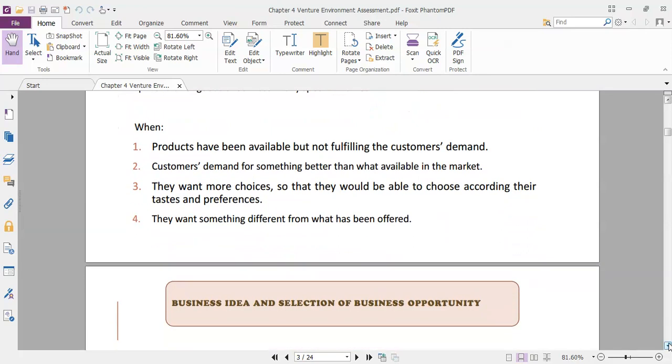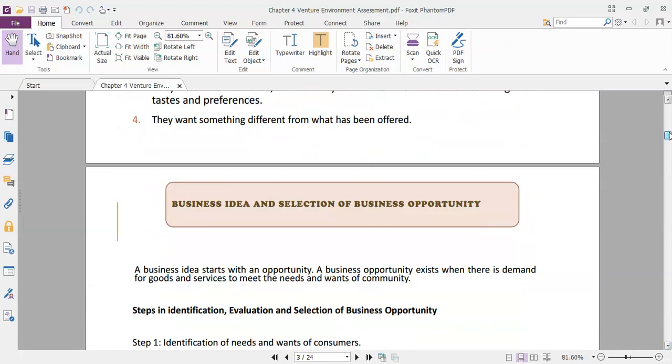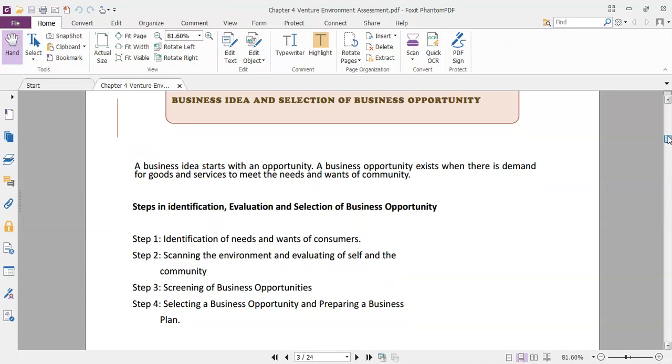So let's look at business ideas and selection of business opportunity. What is the step? For a business idea, start from now. You need to know that you must create a business plan after this, after chapter number 5 if I am not mistaken.